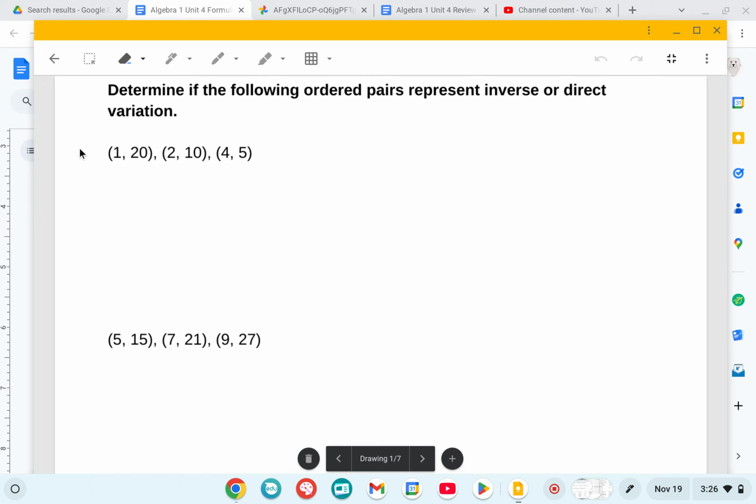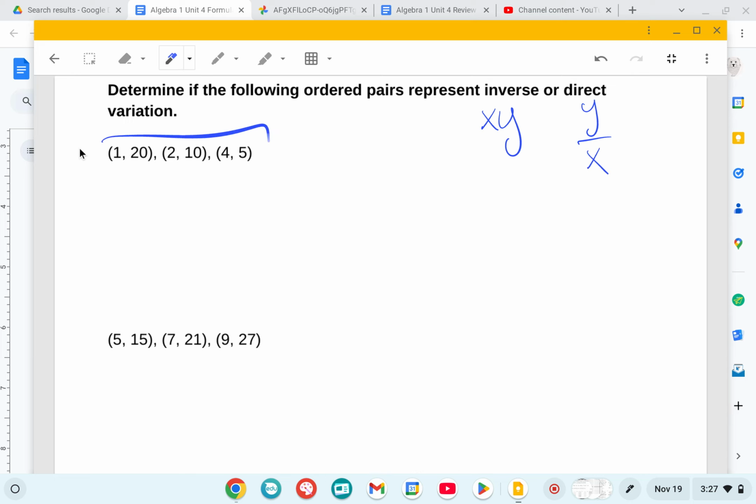So just as a reminder, inverse variation is where the pairs of values are multiplied by each other and they remain the same. Whereas direct is when they're divided by each other and they stay the same.